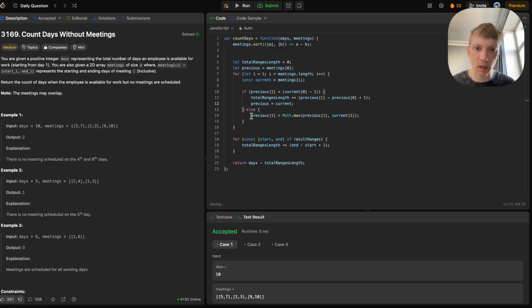In other case, previous would be modified, which is okay. And after that, after the very last iteration, we need to finalize it.